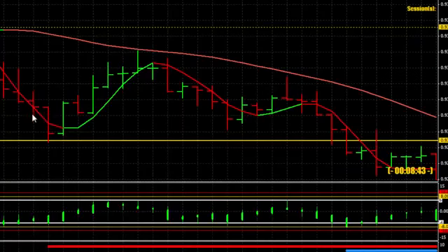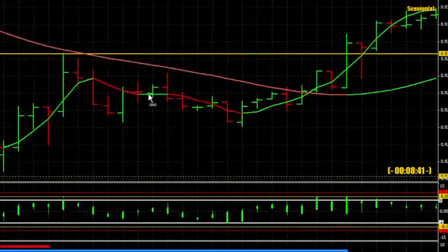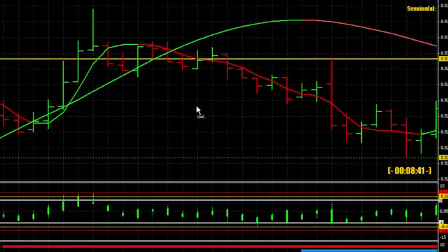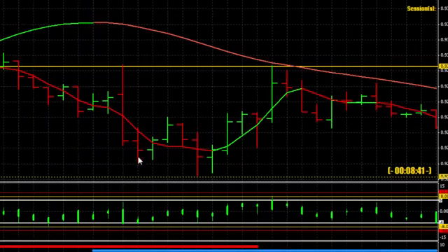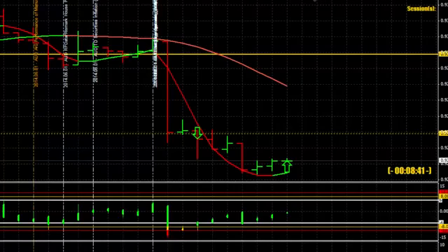I want to give a shout out to binaryoptionsdaily.com for that forum post. It is a very effective, very powerful strategy, very simple. I'm just testing this on a 15-minute chart, and I definitely think this could work on a 15-minute chart or higher time frames, because you want to be able to catch that momentum.